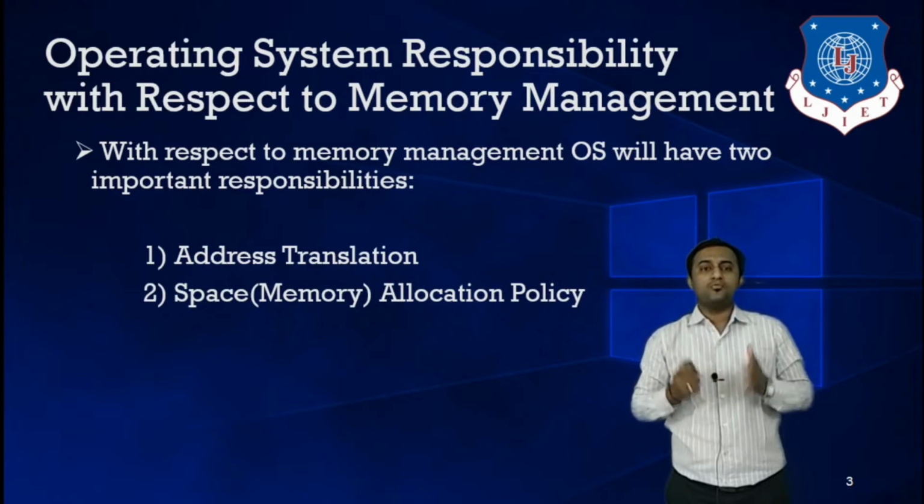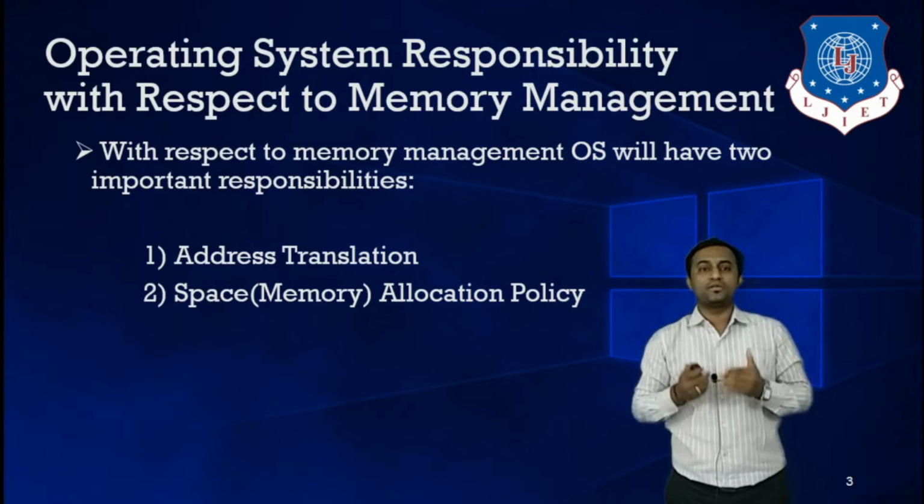So there are two main responsibilities of the operating system with respect to memory management. In this particular session, we are going to discuss the second one in detail with the help of examples.